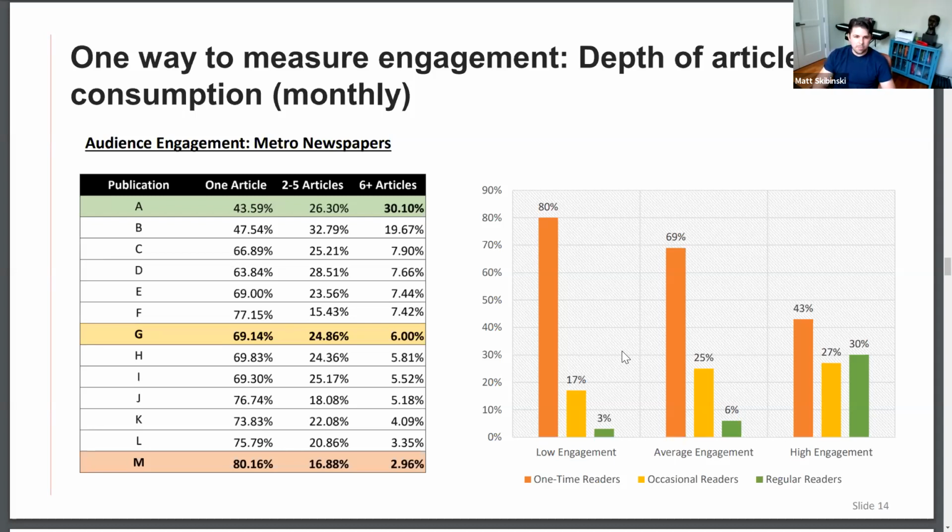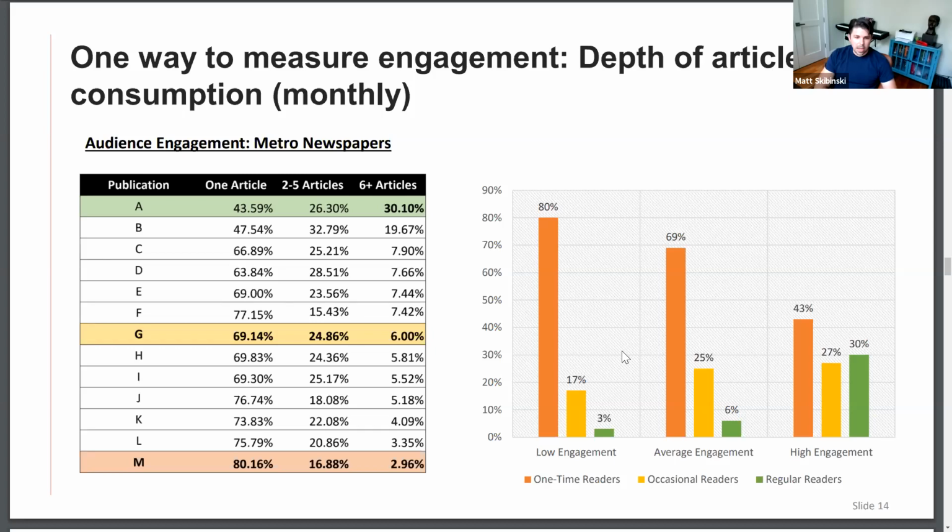But the basic idea is that somebody who views over a certain threshold of content, and we often use more than 5 articles a month, which is that last category, is much more likely to subscribe and stay subscribed than somebody who doesn't.